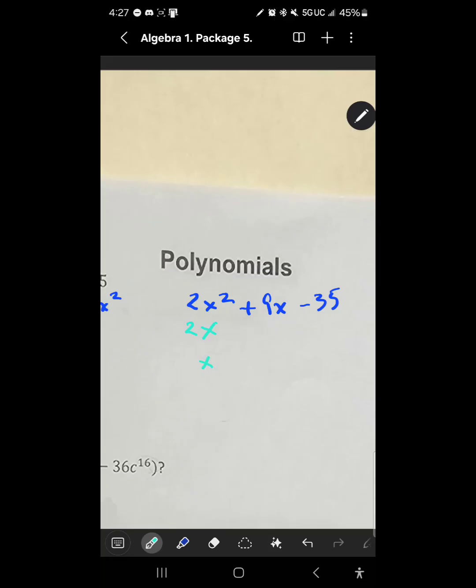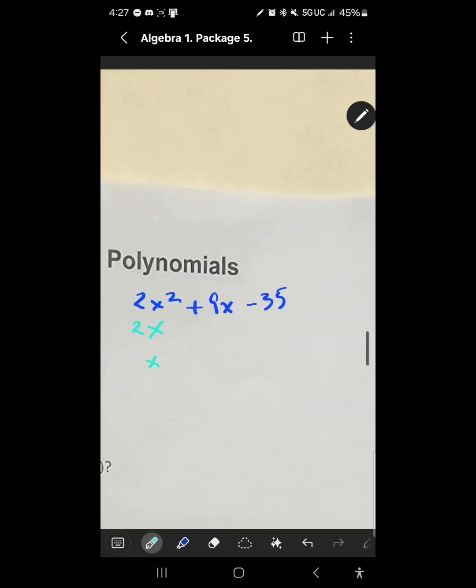So 2x times x is 2x squared. Now multiply to 35. We need a positive and a negative because we have a negative here.